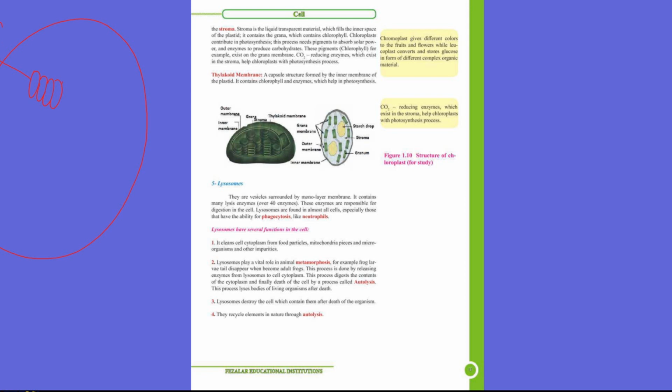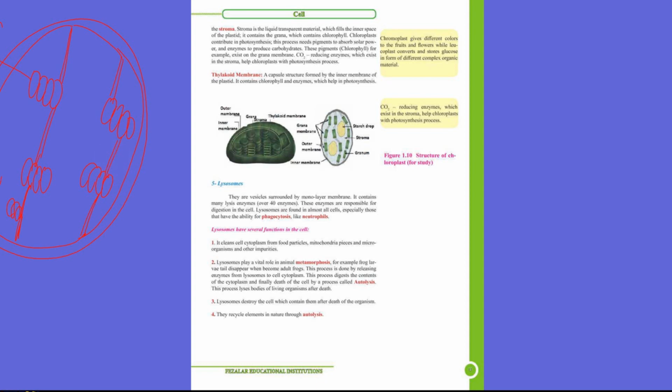Granum, not only one, there may be many sets of this granum, and we call them grana. Granum is the singular form, grana the plural form of these structures which are formed by the inner membrane of chloroplast. And these grana are embedded in a fluid, like the matrix in mitochondria.